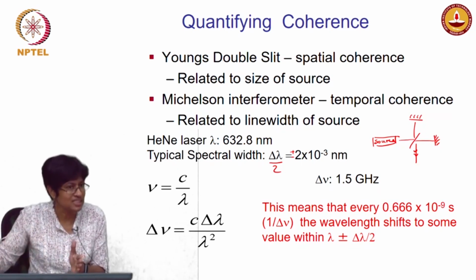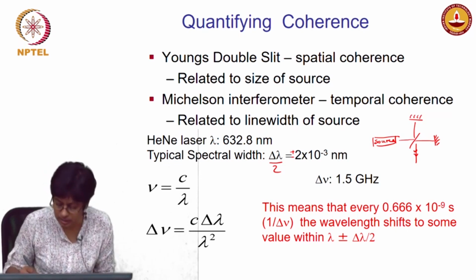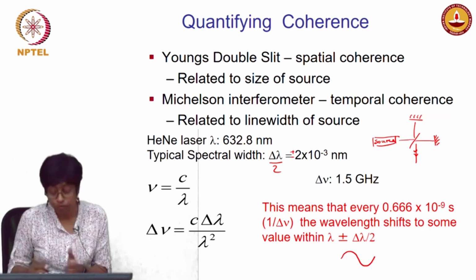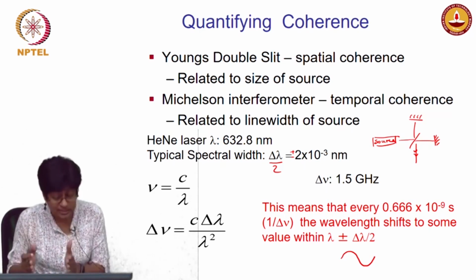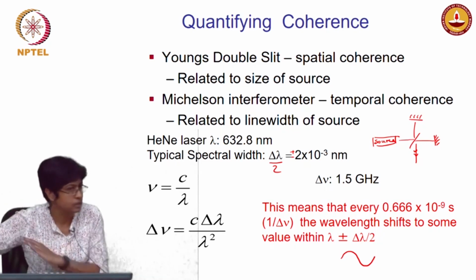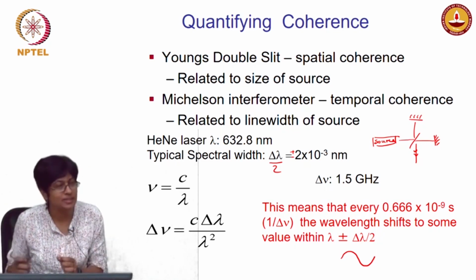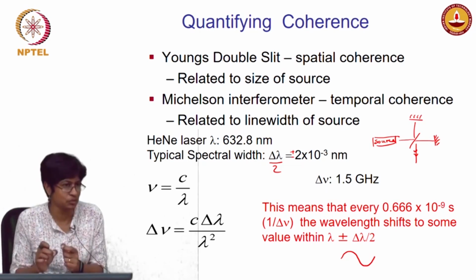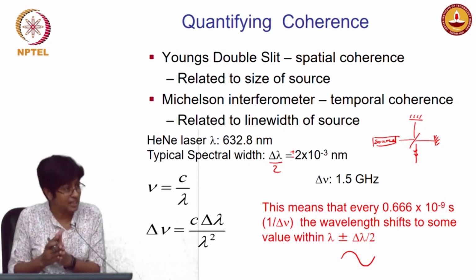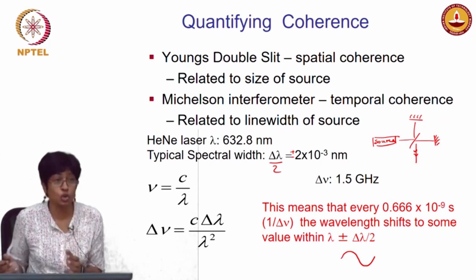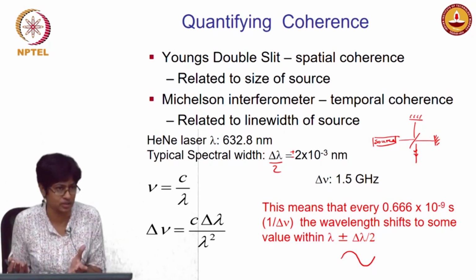That means the wavelength is changing. I've drawn only one wavelength, but if I had a sinusoidal wave with this wavelength, I could draw it out to infinity and it would never change. The point is that after this 10 to the power minus 9 seconds, there's a slight change in wavelength, which means the phase relationship is no longer predictable, or rather it's only predictable with this accuracy.